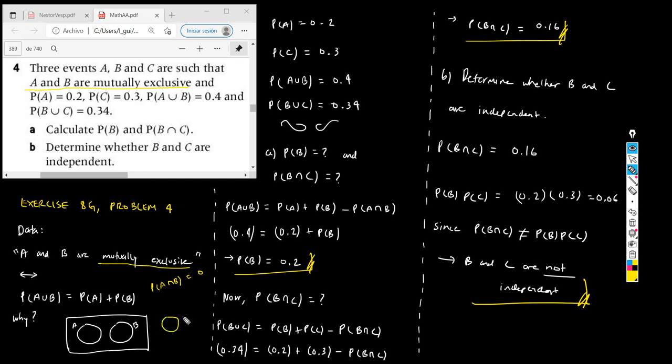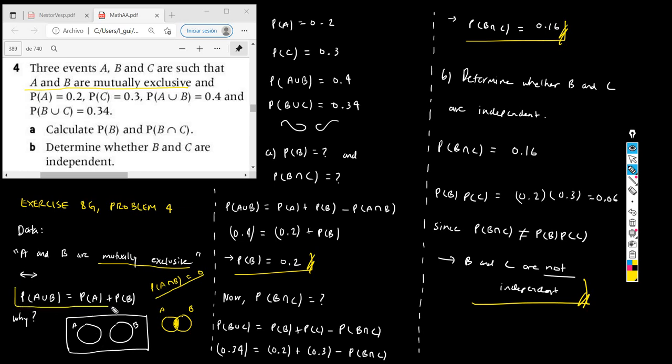They should not overlap, because if two events look like this, that means they can occur at the same time, which is in this section, right? So in this case, these are not mutually exclusive, but these are. And as you can see, when this happens, the probability of the intersection of both events is 0.